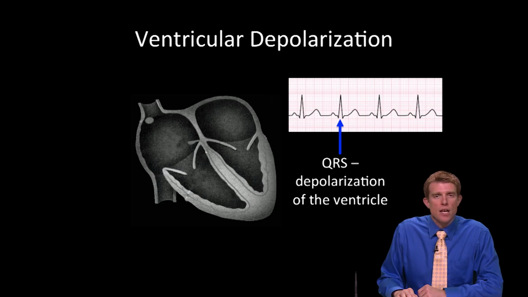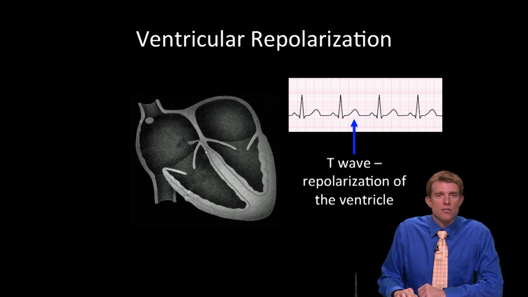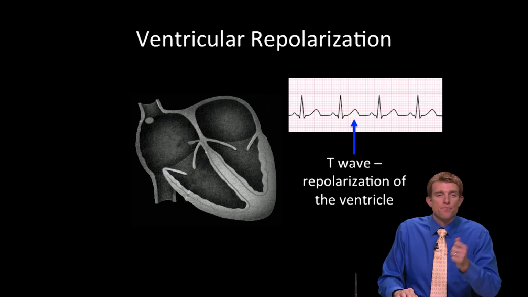And the QRS then represents the depolarization of the ventricle. So it's going to start at the AV node and travel rapidly down our superhighways, the right and left bundle branches. The T wave on the ECG or rhythm strip represents the repolarization of the ventricle.